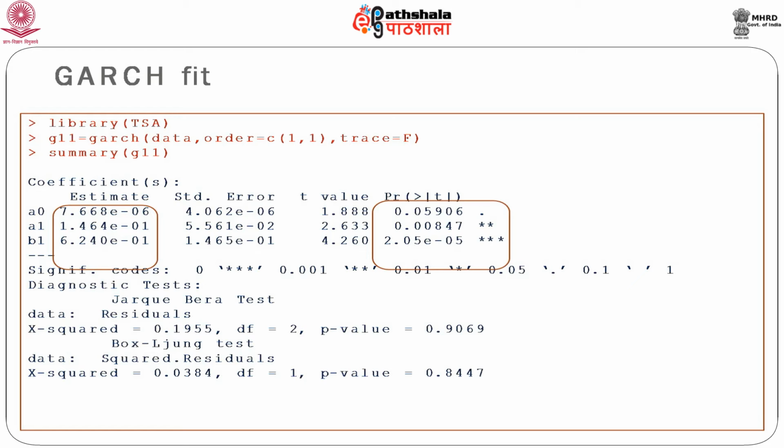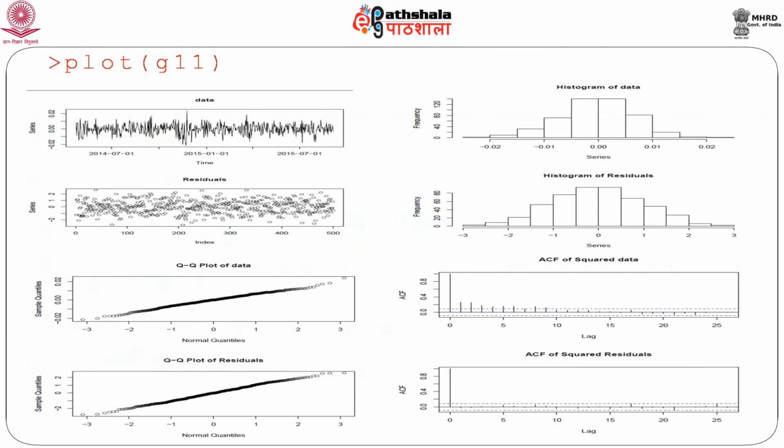So these are the main information that you might look for. If you just want to see the diagnostic plots, very easily they can be generated. Just pass the g11 object, the GARCH object, within the plot function, and every time you enter, it will generate a different type of plot. In the first plot you will see the raw data, and then the residual. The residual is showing quite randomly scattered over the 0 line. Then it will generate the histogram.